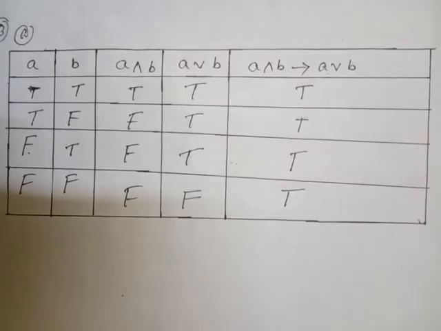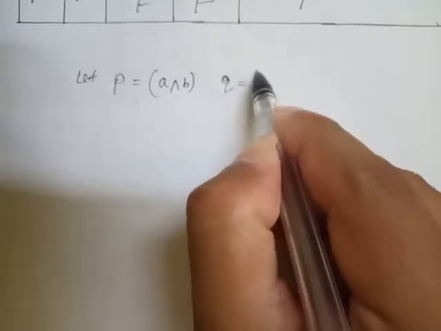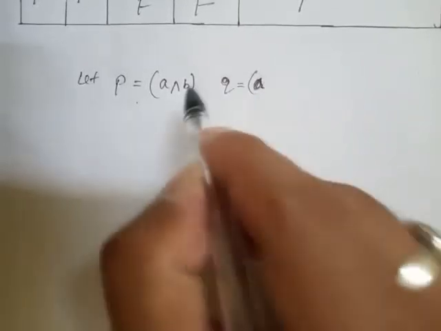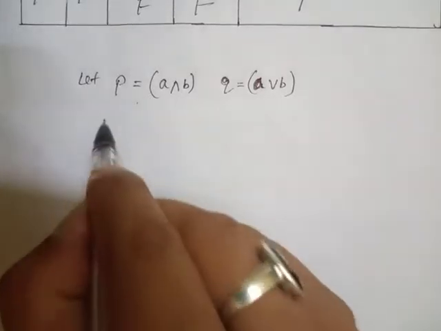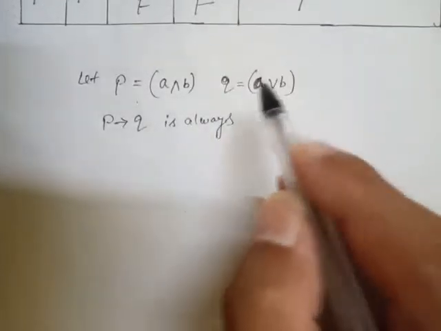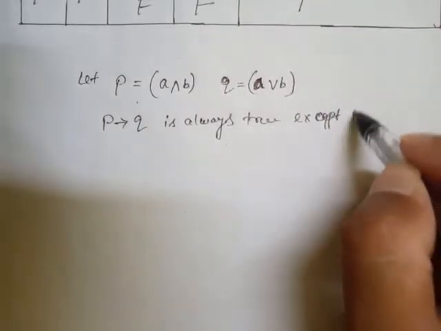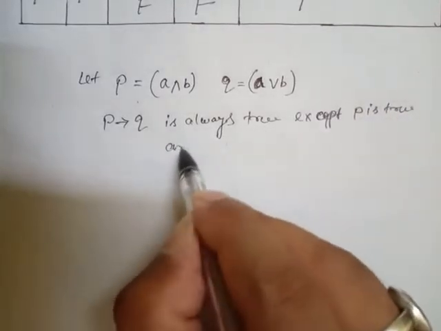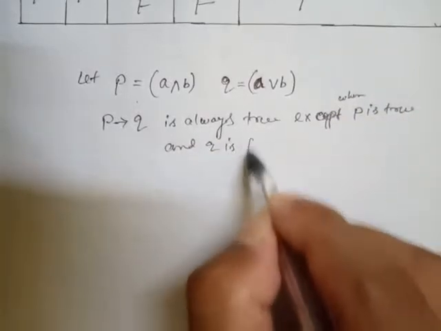So here we'll write that, let P equal to A conjunction B, and Q equal to A disjunction B. So one thing we always know, student, is that P implication Q is always true except when P is true and Q is false.